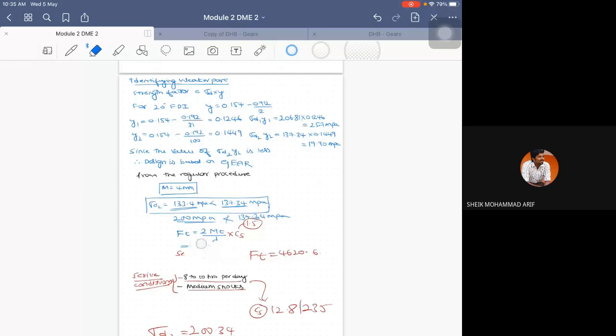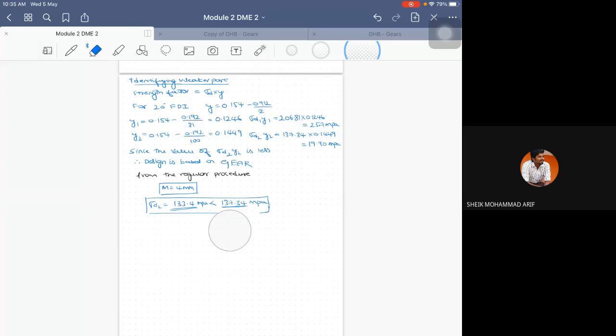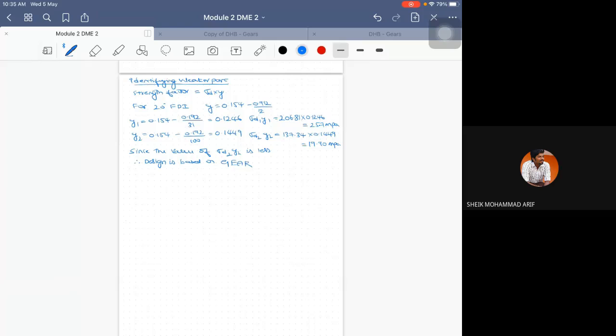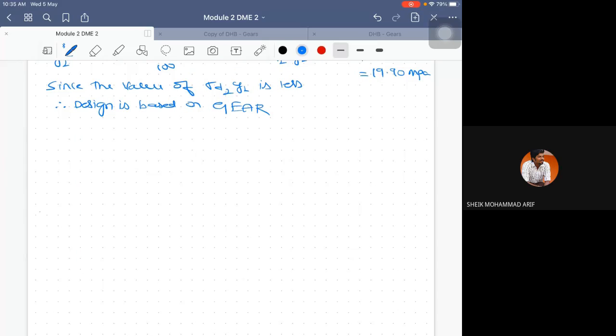We'll just grab all this. M is equals to 5 mm.